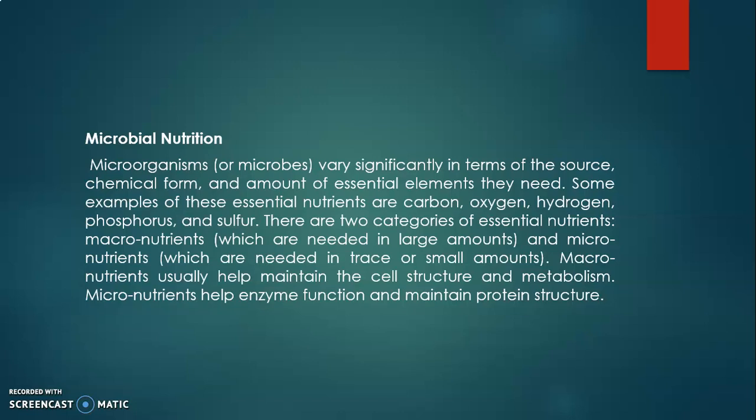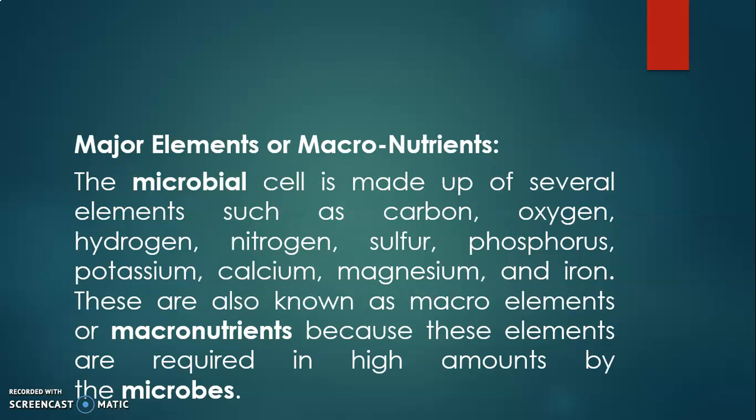Suppose the sulfur. What is the source? H2S and organic sulfur are the major source. And what is the function? Constituent of histone, methionine, glutathione, several coenzymes, etc. After this, what are the major elements or macronutrients?